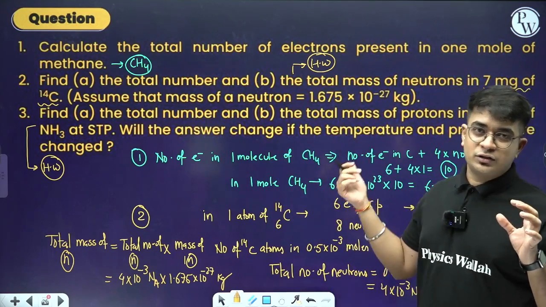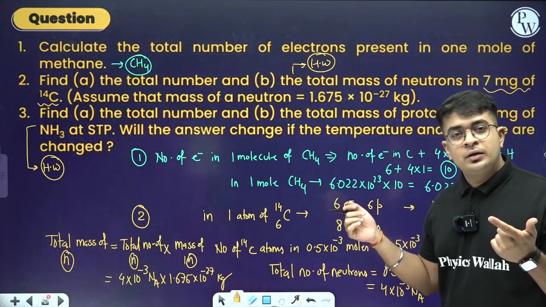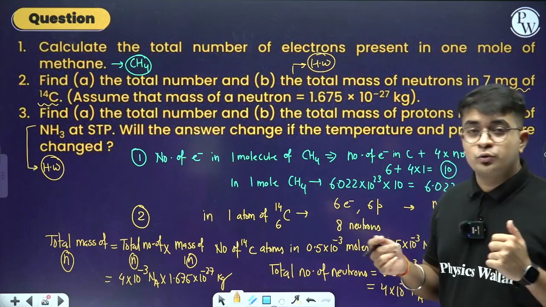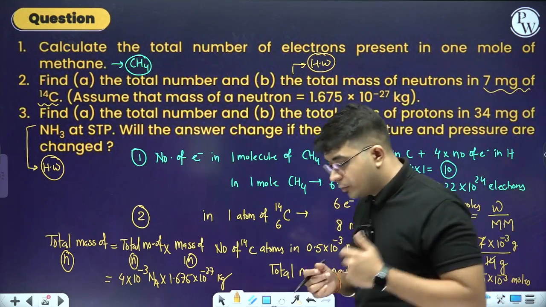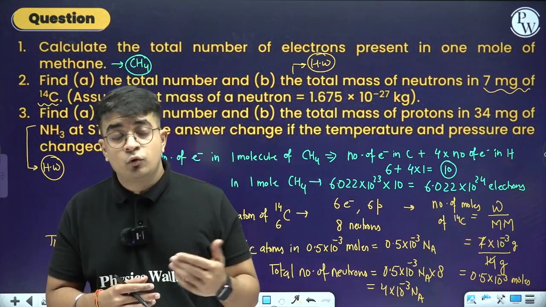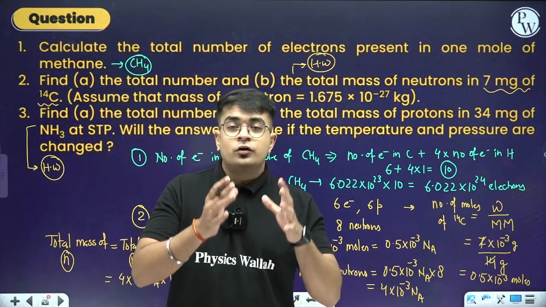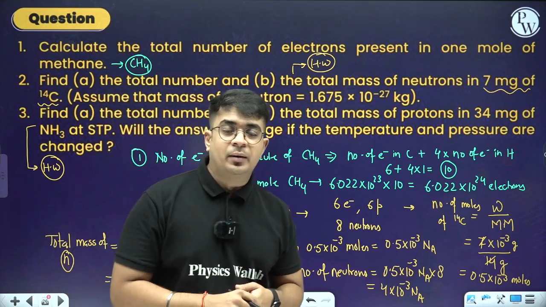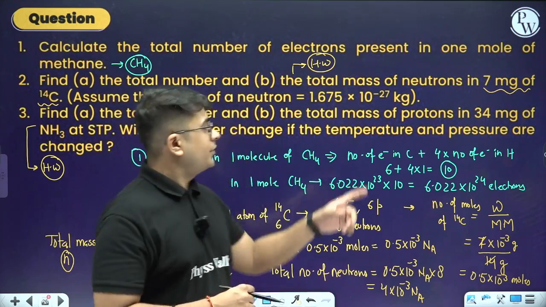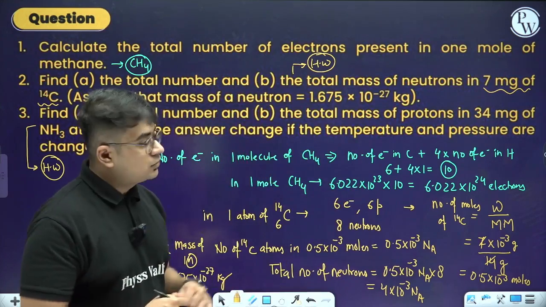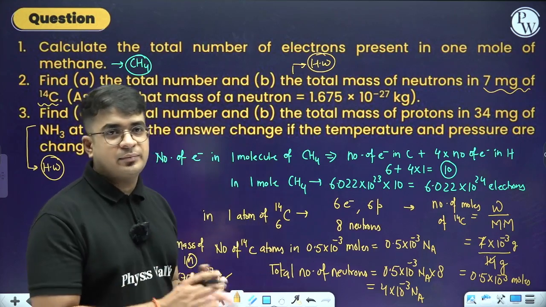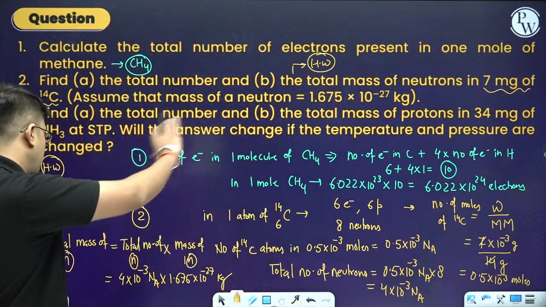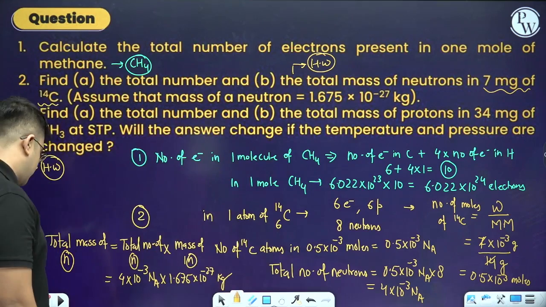If volume was there, definitely with respect to volume the number of moles are going to change, because in case of a volume, you know the formula that number of moles of any gas will be equal to volume of gas at STP divided by 22.4. So with respect to that part, you can see the answer is going to differ, but we have the given weight here, so it's not going to change. So we have the same answer. Okay, I hope this part is clear to everyone, and let's move to the next part.